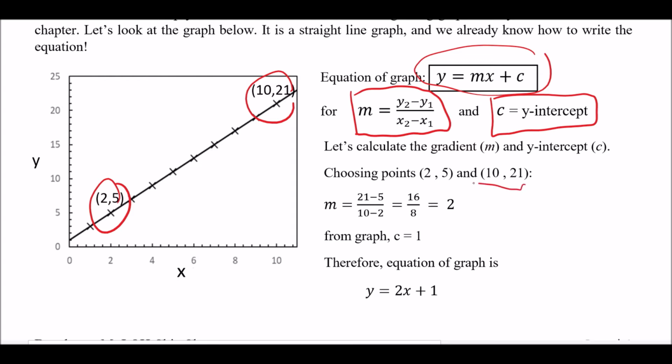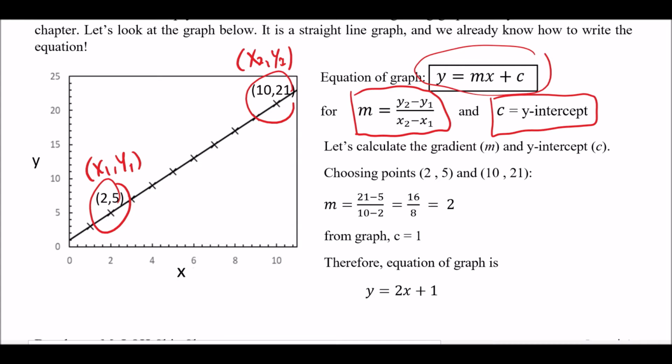So choosing (2, 5) and (10, 21) as the 2 points to calculate, I input the y coordinates y2 and y1, being 21 and 5. So I chose (10, 21) as my x2, y2, and (2, 5) as x1, y1. So immediately you can put it into the formula and you can get out the gradient.